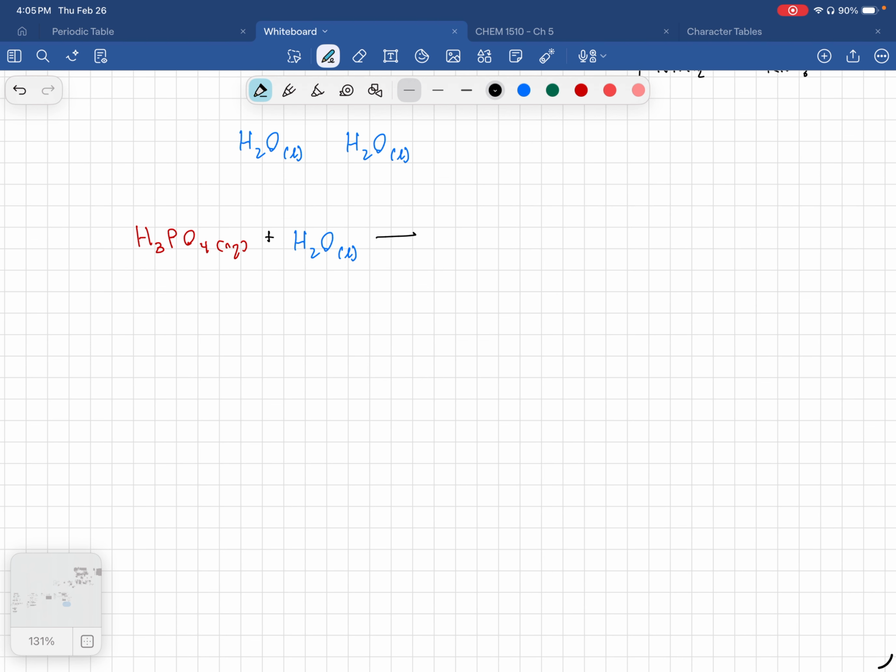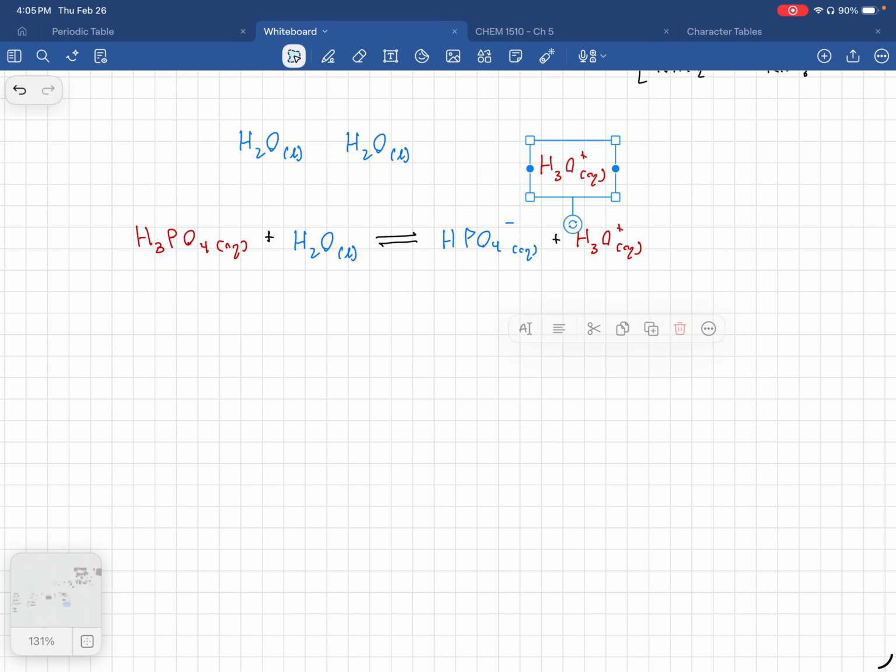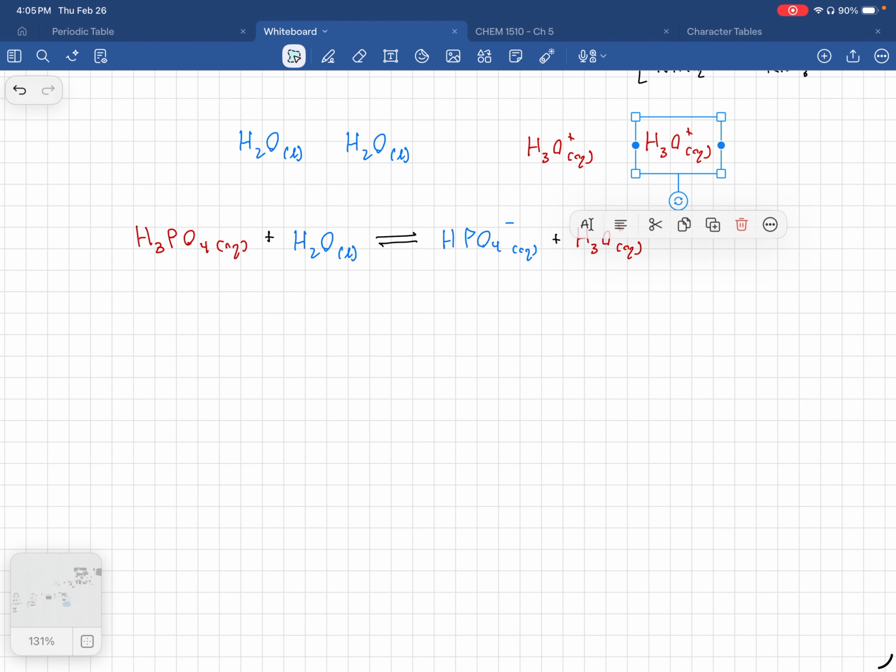Okay, and so let's look at phosphoric acid. Well, we could deprotonate and make H2PO4 minus aqueous. That would be the conjugate base of H3PO4, forming H3O plus. Duplicate that twice because we're going to need them here in just a moment.